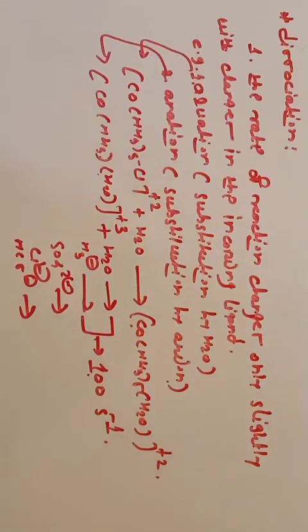Again, if you consider the sulfate and chloride, then the rate is 24 and 21 per second, which means the rate is only slightly different. It is comparable, so we can consider it as one and the same.